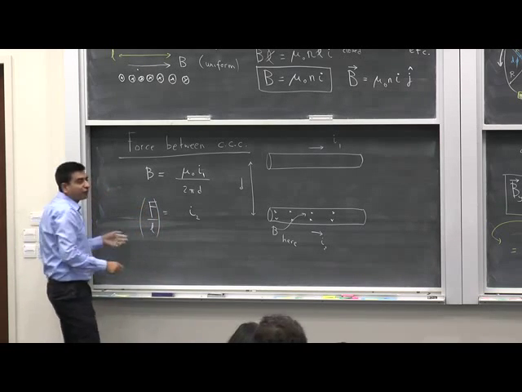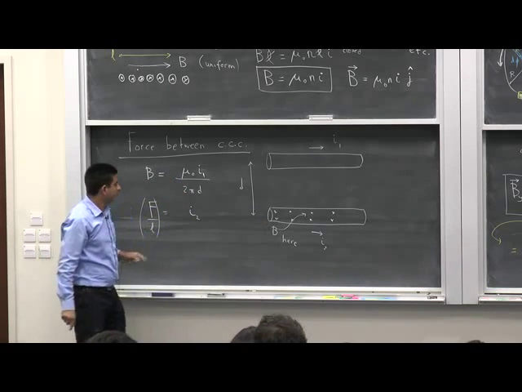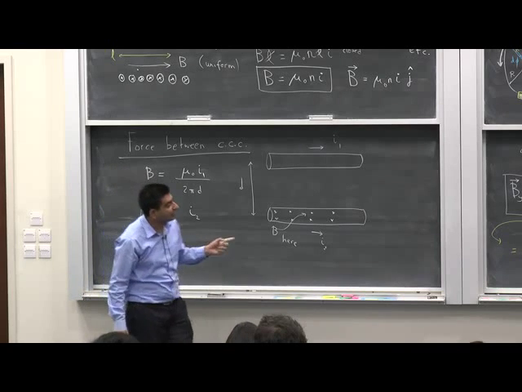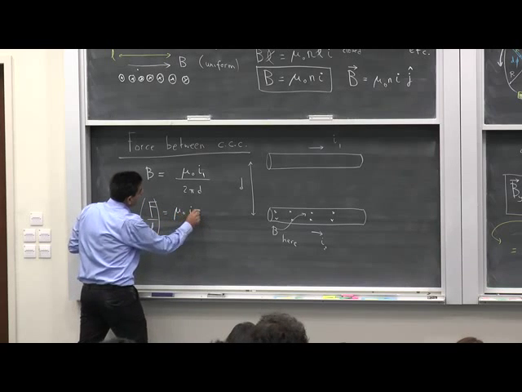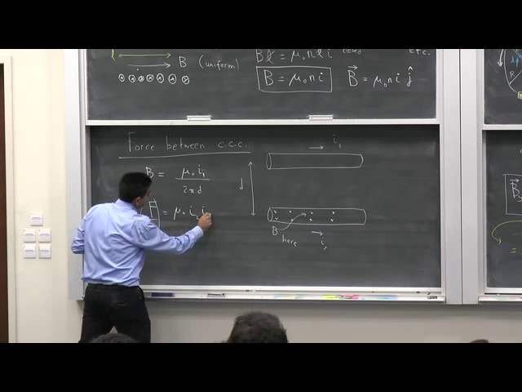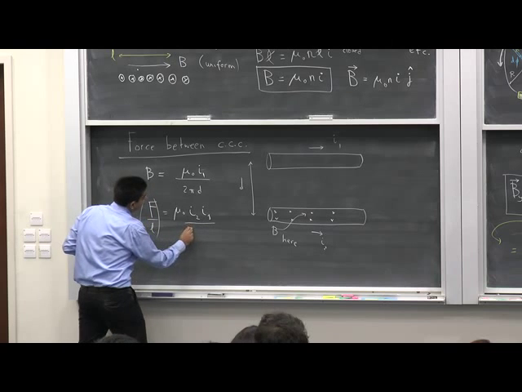So I want to find out the force per unit length on this conductor. I2. Now I would like to find out the magnetic field at this point. The magnetic field is mu naught I1 I2 over 2 pi d.